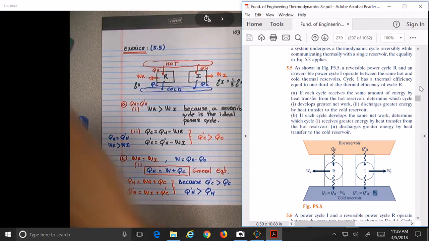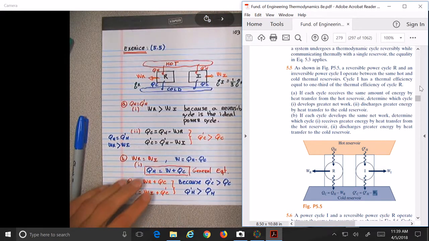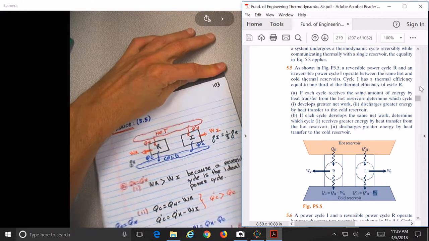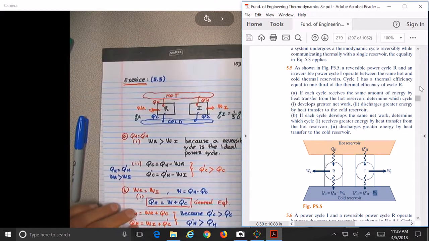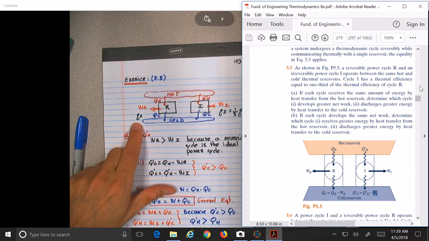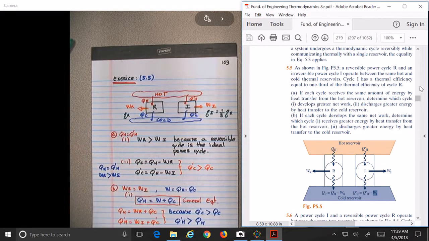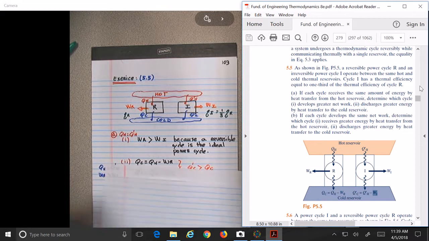Okay, let me look at something. Let me take another page, because there is something we haven't been using at all over here, no? We haven't been using the fact of the efficiencies, correct? All right. So let's see what will happen over here. Let's see if we can come up with something because of that.